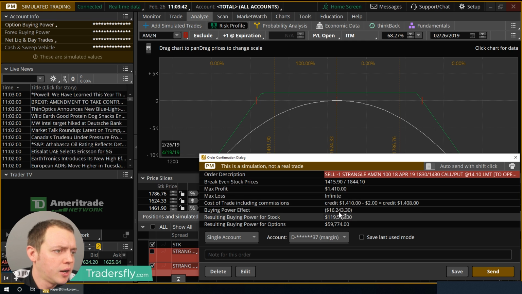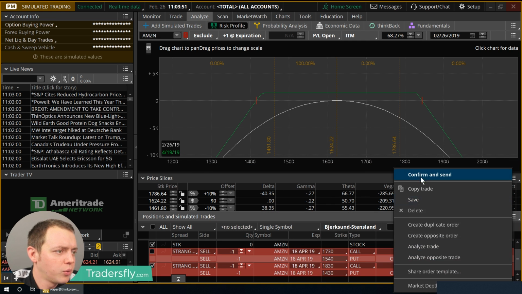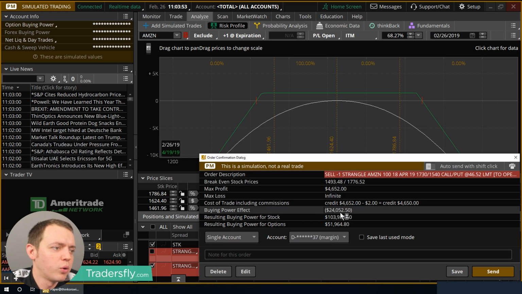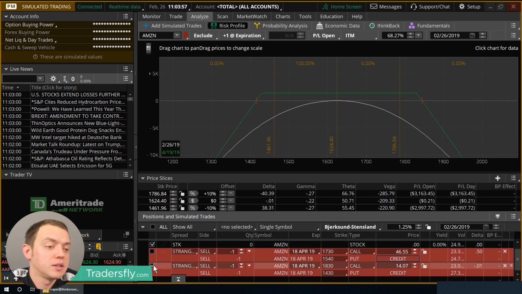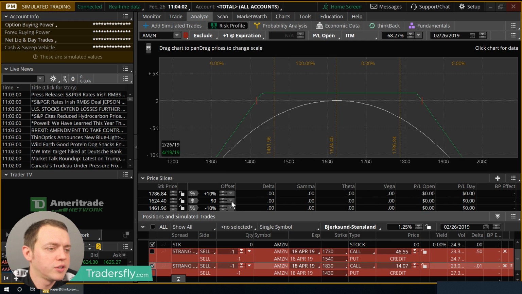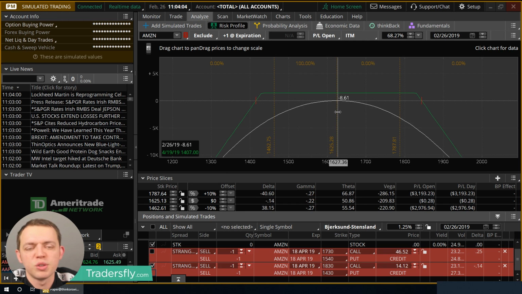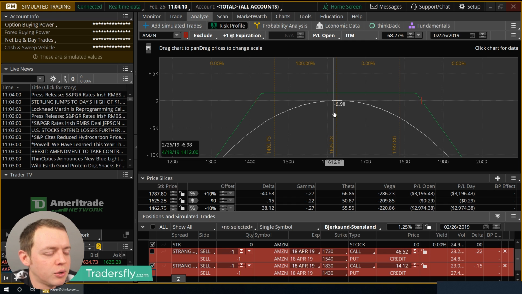One is about 16,243 buying power effect. The other one is 24,000. So similar capital, but the other one you make almost 4,600. This one you make about 1,400. So about 3.5 times or so more for almost similar capital.